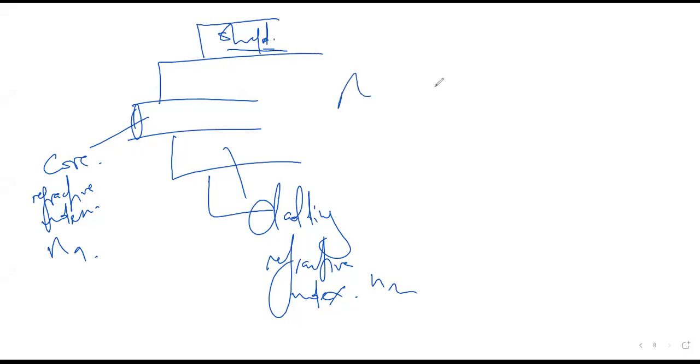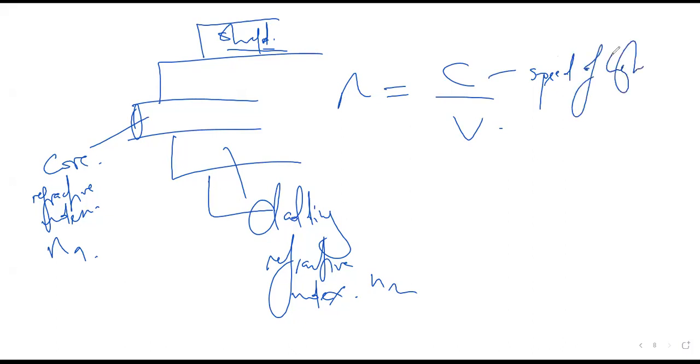The refractive index N is equal to C over V, where C is the speed of light in a vacuum, in free space.